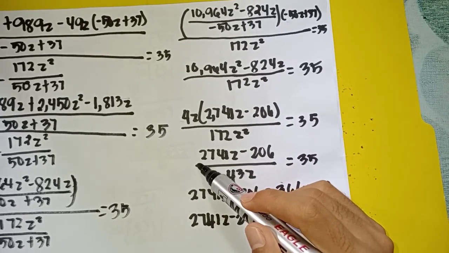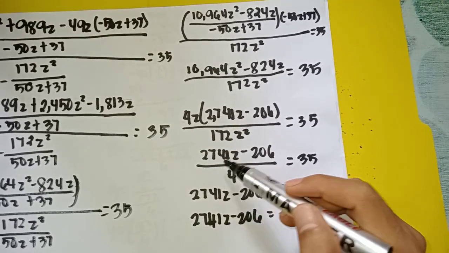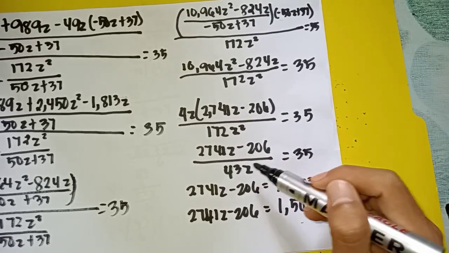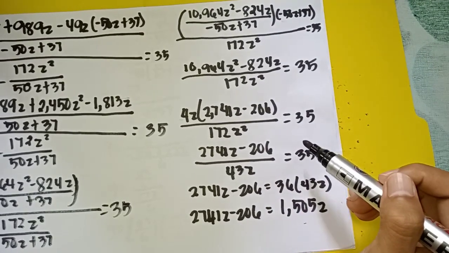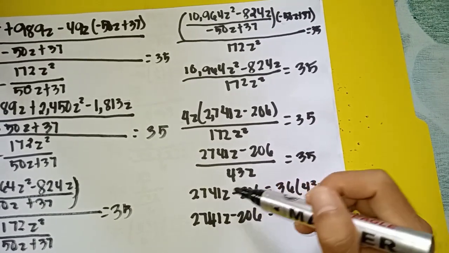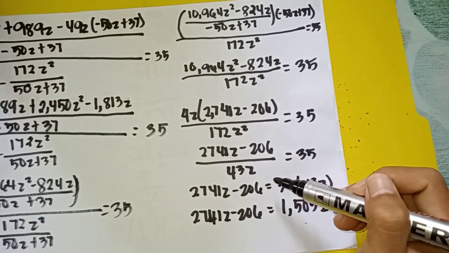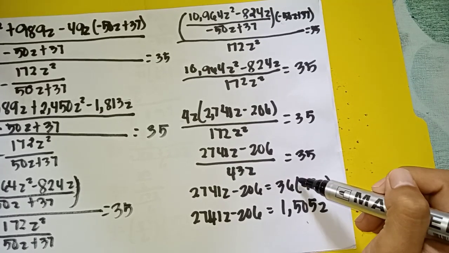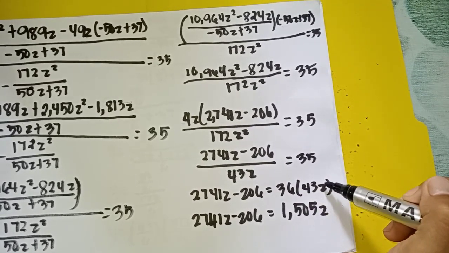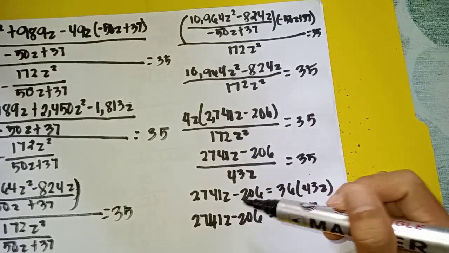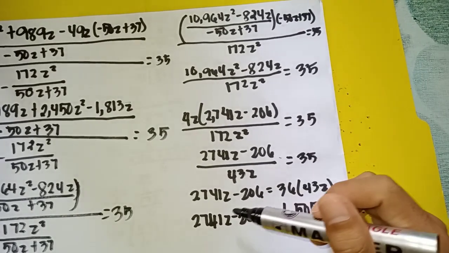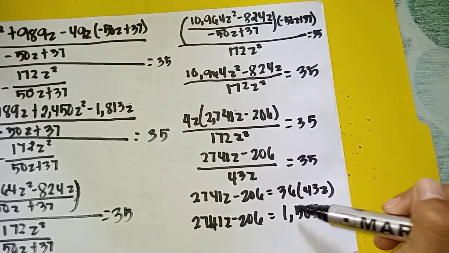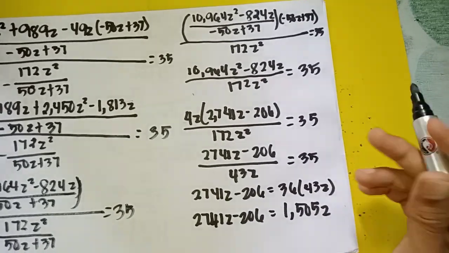So it will be 2,741z minus 206 over 43z equals 35. 2,741z minus 206 equals 35 times 43z. So it will be 2,741z minus 206 equals 1,505z.